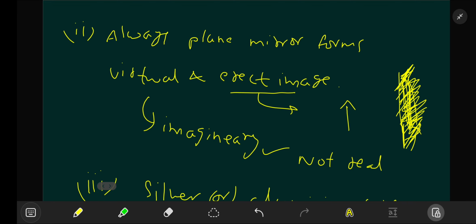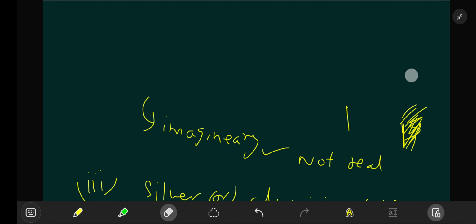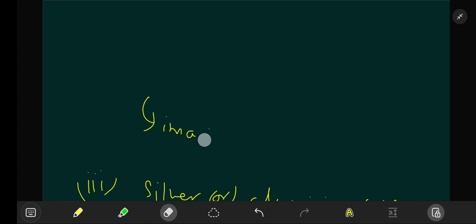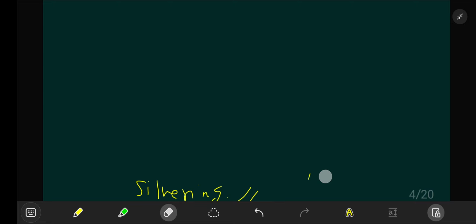This is applicable in the case of water also. If you look in a pond or a lake or in a bucket of water, your face will appear in the water. Yes or no? The reflection of your face will appear in the water.